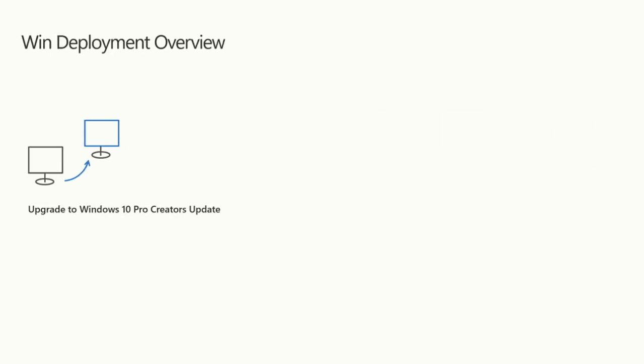So let's see what is required to get your Windows devices ready. We start off with first getting upgraded to Windows 10 Pro Creators Update. If you're on 7 or 8 or 8.1, I will show you how to get to 10 Pro, and that's the first step. The second step is then connecting the Windows 10 device to AAD, and that's it.